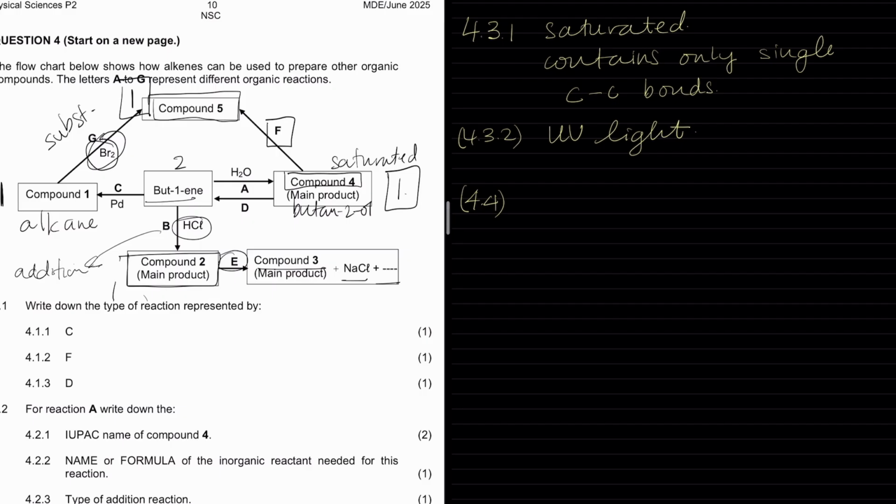So compound 2 is probably going to look like this. So but-1-ene, so 1, 2, 3, 4. The chlorine is going to go here. Right? So just like the alcohol, where the OH was bonded on the second carbon, in this case, the chlorine will be on the second carbon. And I am surrounded here with hydrogens. Now I'm not going to draw the hydrogens, but you can imagine for the sake of this example that there's hydrogens all around.